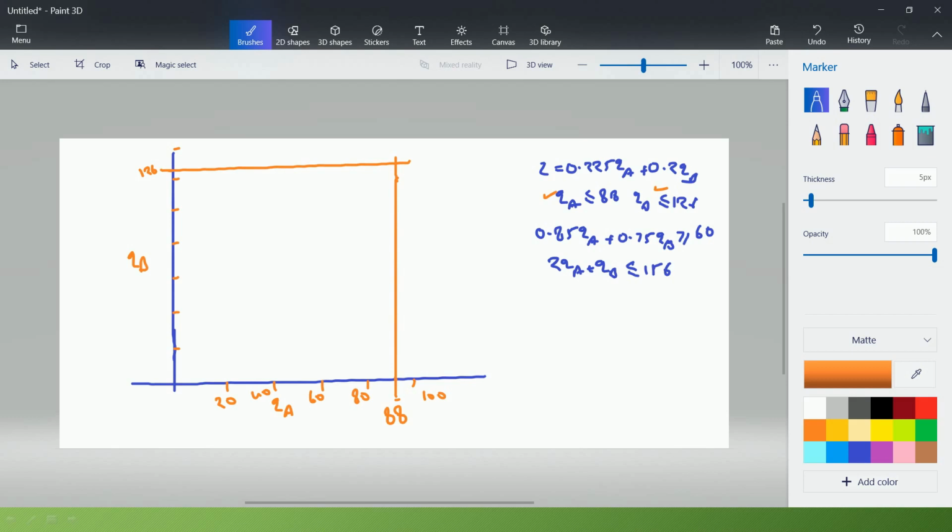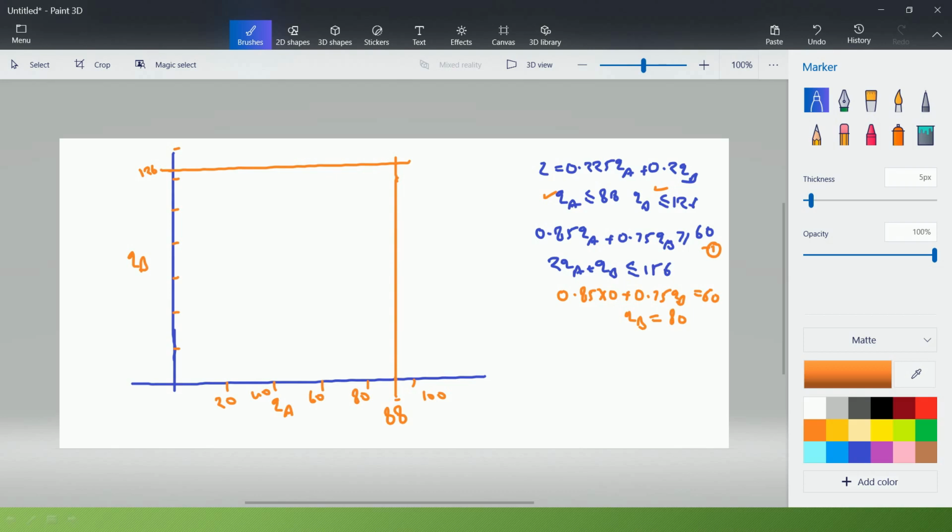Now we will solve this. If I put QA equal to 0 in this equation, 0.85 times 0 plus 0.75 QB equal to 60, I will get QB equal to 80.